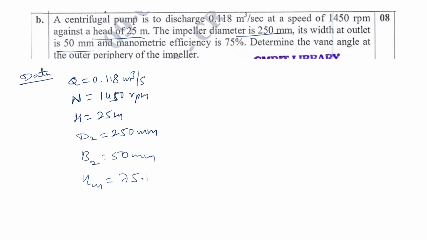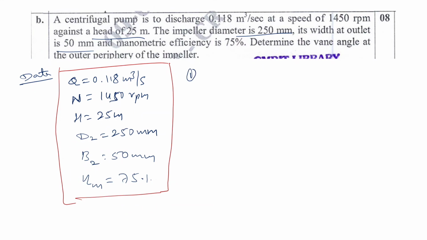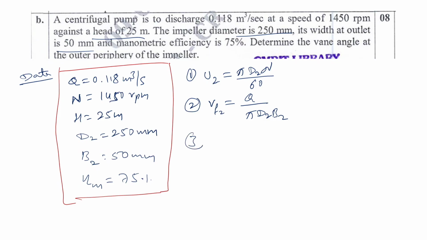Here you have to remember some formulas. Those all are very important to solve this type of problem. So first one is tangential velocity u2 is equal to pi d2 n divided by 60. Second one, radial velocity vf2 is equal to q divided by pi d2 b2. Then theoretical head Hth is equal to head divided by efficiency.